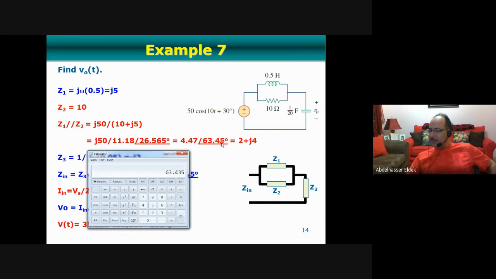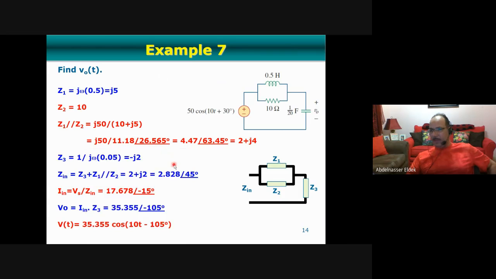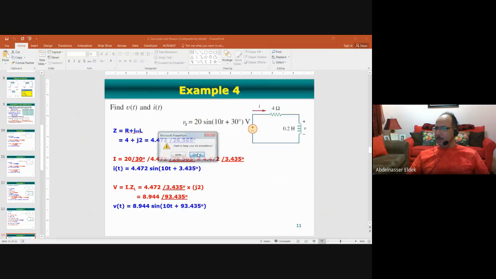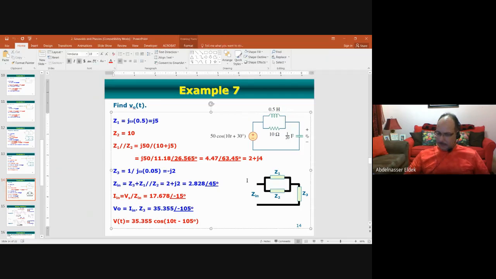Is this supposed to be 63.435? Let me check again. 90 minus 26.565 is 63.435. So actually, I forgot to add a 3 here.